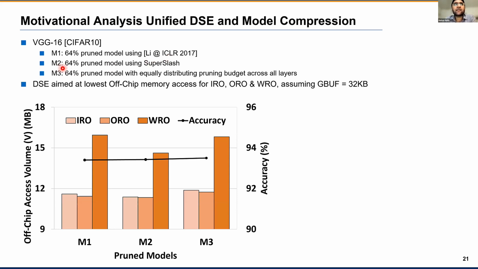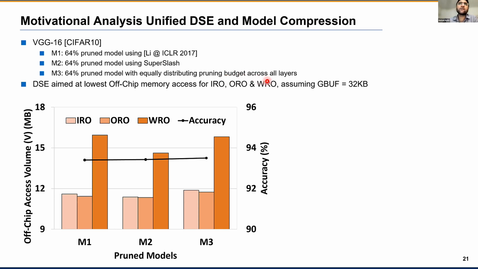Afterwards, we have M2, which is again a 64% pruned model, obtained using the SuperSlash method, which we are proposing. And then we have M3, again a 64% pruned model with equally distributed pruning budget across all the layers.